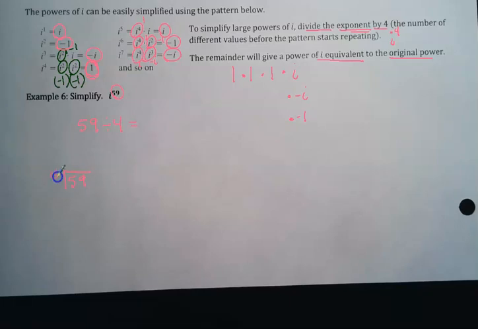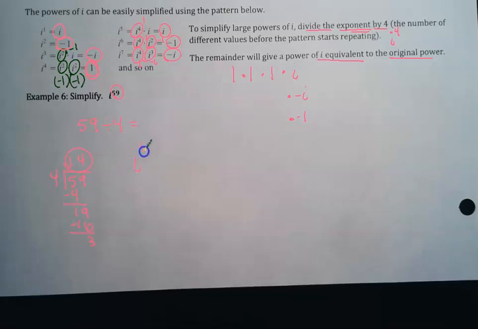Might be easier to see 59 divided by 4. 4 goes into 5 once, and we subtract 4, and we have 1, and we bring down the 9. 4 goes into 19 4 times, we subtract 16, and we have 3 left over.